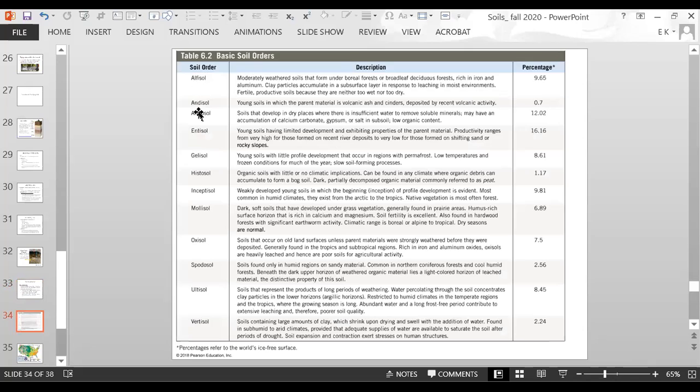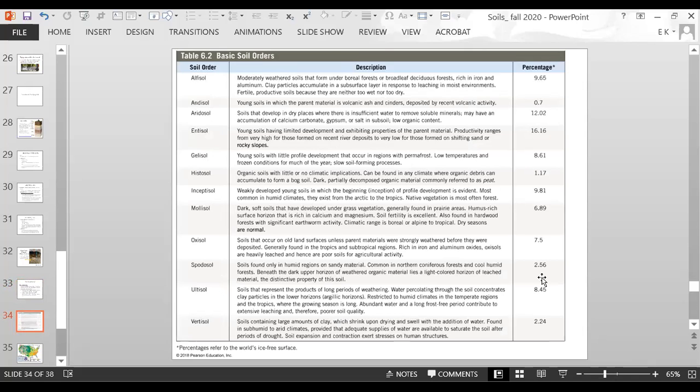So this shows you the soil orders, the basic ones: alfisol, andisol, aridisol, entisol, gelisol, histosol, inceptisol, mollisol, oxisol, spodosol, ultisol, vertisol. And then they have descriptions in here.